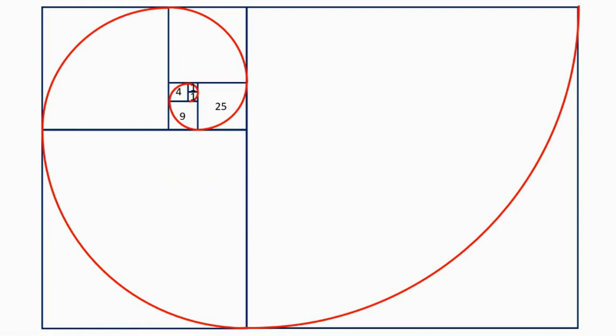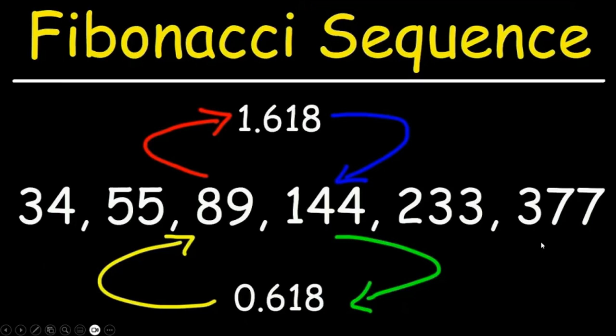But what they discovered is that in this Fibonacci sequence, there's a definite pattern every time. When you go through the numbers, 34, 55, 89, 144, 233, every number, if you divide the larger number by the number right in front of it, it's 1.618 every time. 233 divided by 144, 1.618. 377 divided by 233, 1.618.